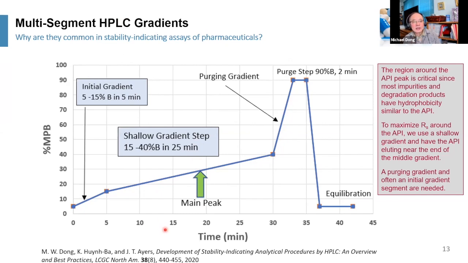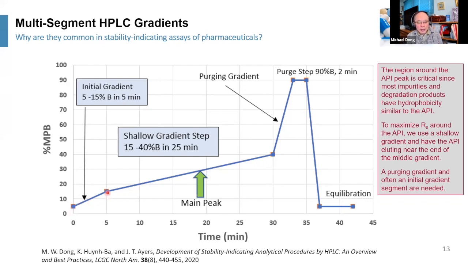Okay, so here is a 3-segment gradient, right? So you have the primary gradient segment, which is a shallow gradient with the API eluting in the middle or close to the end of the gradient, right? Occasionally, you need to have an initial gradient step to pick up any hydrolytic degradation product when the API molecule is broken.